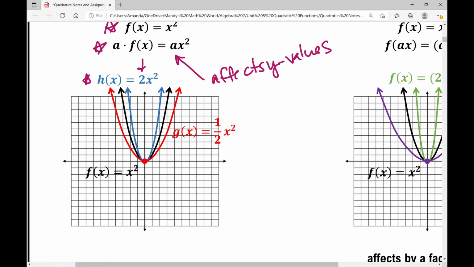I'm going to multiply that y value by 2. So I'm going to go out 1, up 2. Instead of out 2, up 4, I'm going to go out 2, up 8. I'm going to double it. All of my y values get doubled. So it's a vertical stretch. The y values stretch by a factor of 2. And let's write that down. The y values stretch by a factor of 2.